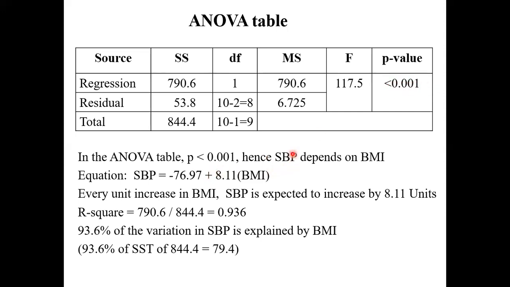What I'm testing: does BP depend on BMI? Since the p-value is less than 0.05, the answer is yes. Later we find the other values. What's r squared? Look at the r squared. 790 explained over the total. That's 93.6. So 93.6% of the variation in BP is explained by BMI. Right? So that's considered good.